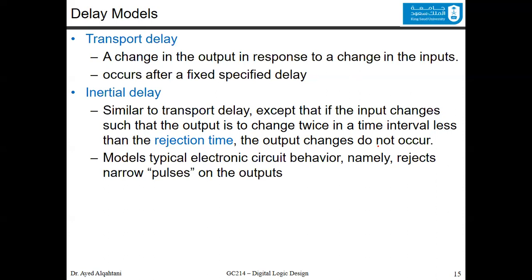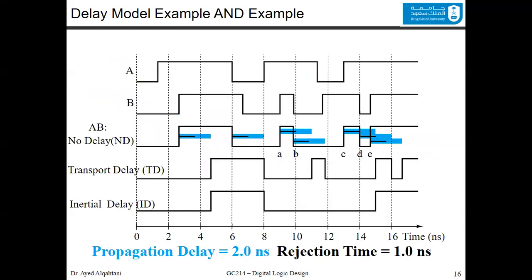None of the changes will be considered if they don't satisfy the rejection time window. The inertial delay models typical electronic circuit behaviors, namely rejecting narrow pulses like glitches, pulses that have a very small period of time. It helps in rejecting these noises.